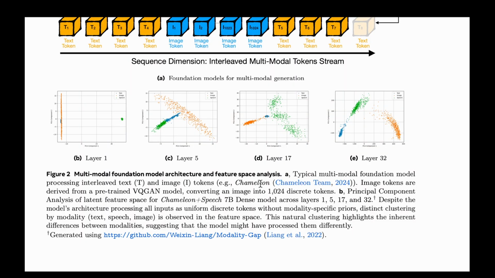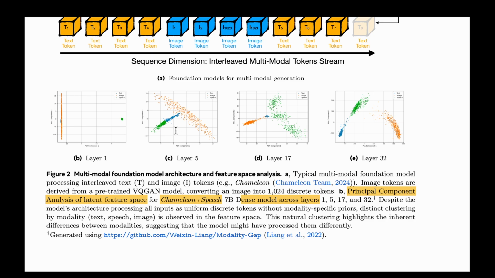To motivate the need for a sparse model like the one they have proposed, they did principal component analysis of the latent feature space, and they inspected the output of a dense model such as Chameleon plus speech at layers 1, 5, 17, and 32.